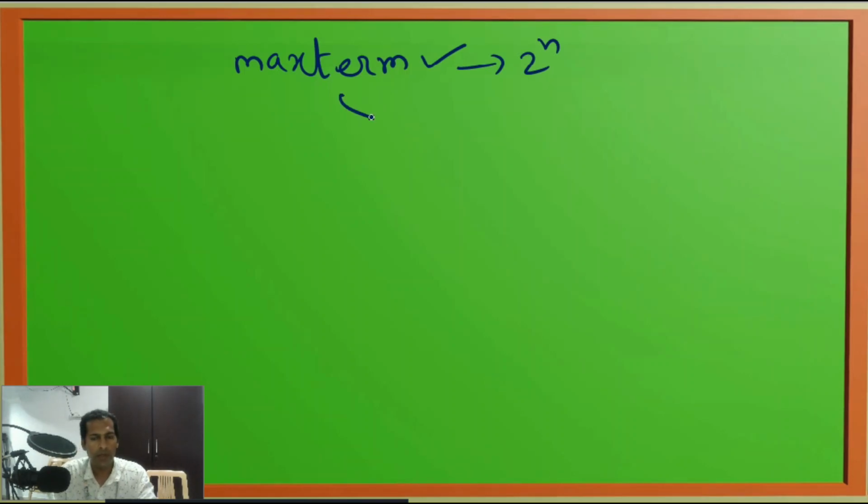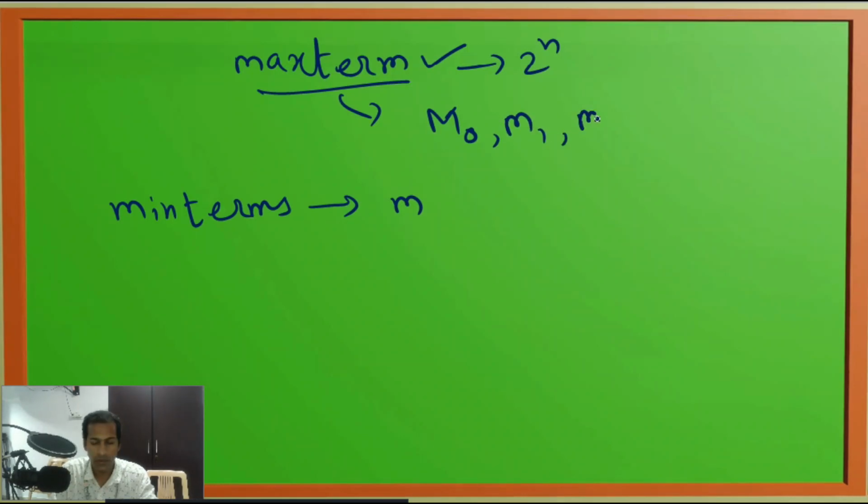Now max terms are represented by capital letters, whereas min terms were represented by small m. So max terms can be represented as M0, M1, M2 and so on. Now their suffixes denote their decimal code.